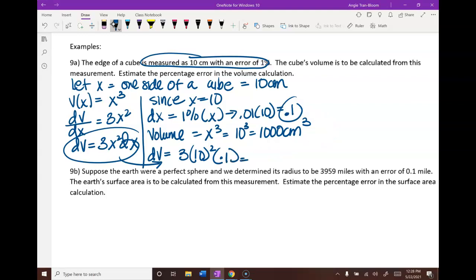So all of this is going to give me 30 centimeters cubed. Okay, so the change in volume is 30 centimeters cubed, but this one says estimate the percentage error.